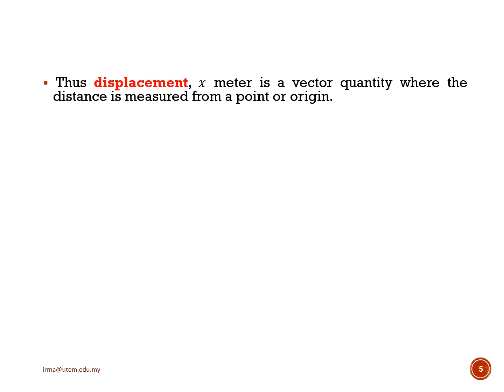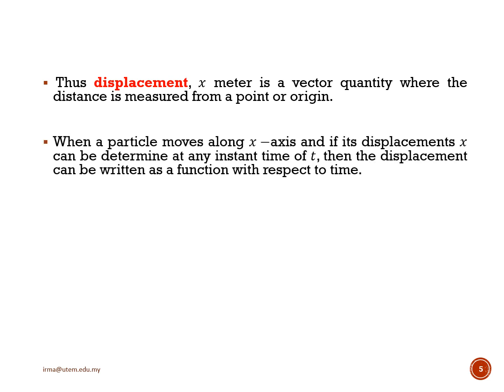Thus, displacement, which is x meter, is a vector quantity where the distance is measured from a point or origin. And when a particle moves along the x-axis, and if its displacement x can be determined at any instant time t, then the displacement can be written as a function with respect to time.